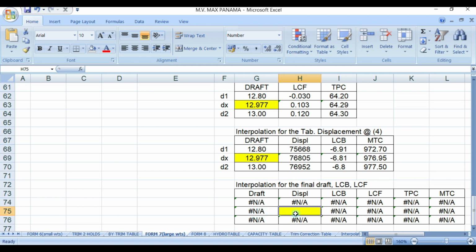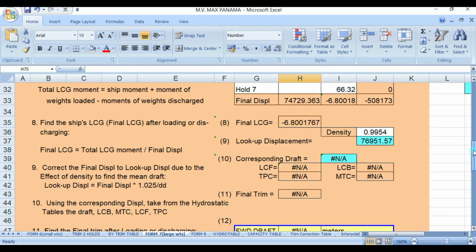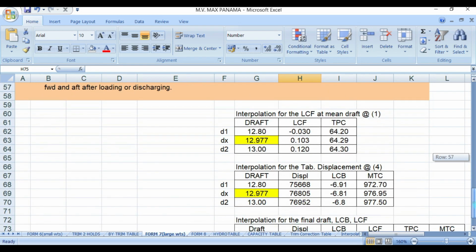What is this draft? What will be LCB, LCF, TPC, MTC? So with this figure of lookup displacement, 76951.57, we'll put it inside here.